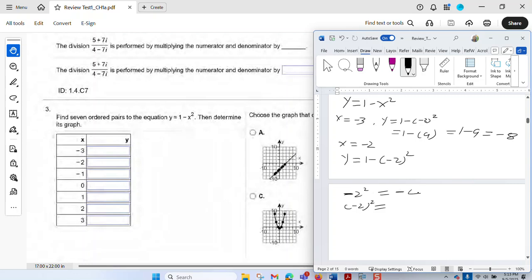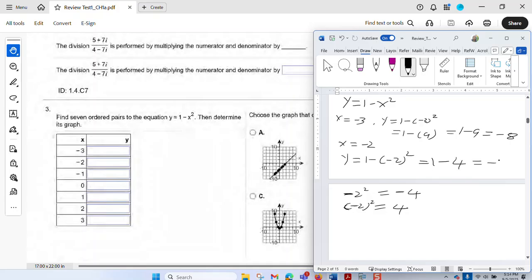This one, on the other hand, the negative does have a square, so negative squared will be positive. So this whole thing will be positive 4. Very important. So we have 1 minus, this minus is carried over from the equation, but negative 2 squared is positive 4. So 1 minus 4 is negative 3.